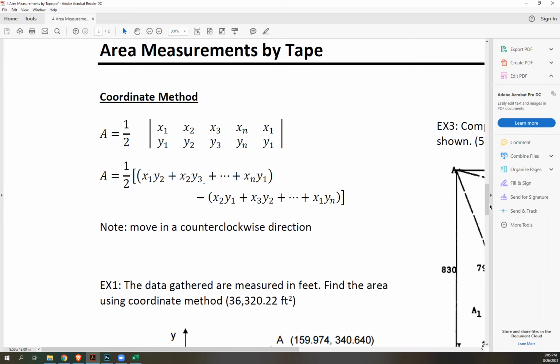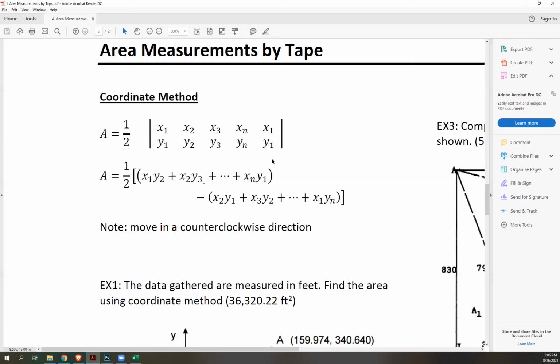And then the equation would be the x-coordinate of the first point multiplied by the y-coordinate of the second point plus the x-coordinate of the second point times the y-coordinate of the third point, and so on and so forth until you go back to the first coordinate. And then subtract, you're going to do the opposite. So the x-coordinate of the second point times the y-coordinate of the first point, and so on and so forth.